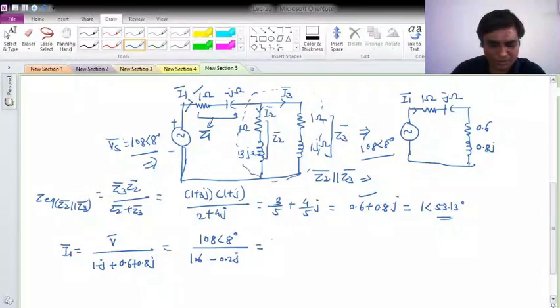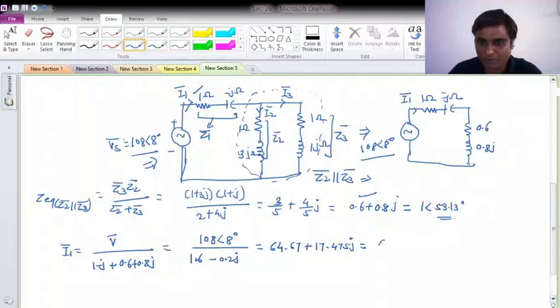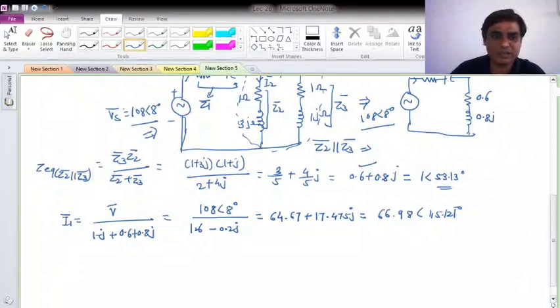So I1 phasor is 108 with angle 8 degrees divided by 1.6 minus 0.2j. If I convert it into complex rectangular form, it comes out as 64.67 plus 17.475j, and its equivalent polar form is 66.98 with angle 15.121 degrees. Okay, so now I have I1 phasor.